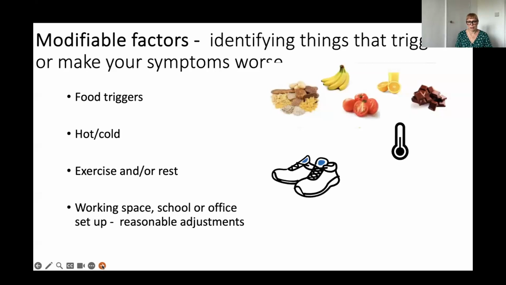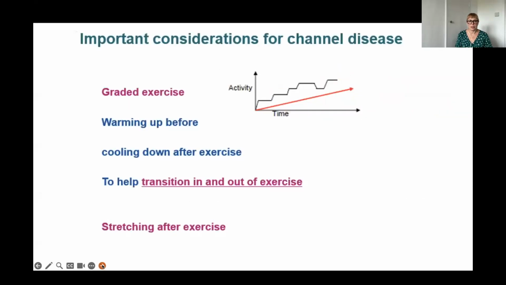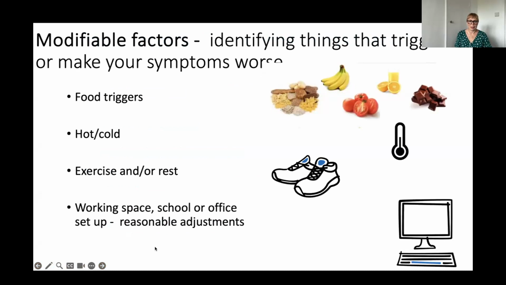Exercise and rest, we've heard about how that can trigger or aggravate symptoms, and sometimes allow people to work through, particularly with the weakness. And we might also be thinking about working spaces, schools, offices, and the environmental setup for an individual, which can again help manage symptoms.